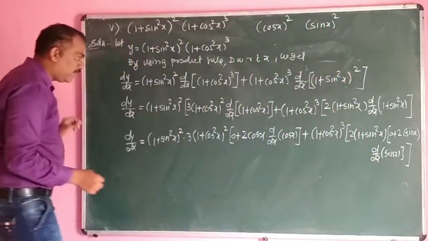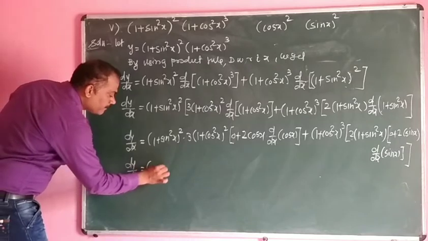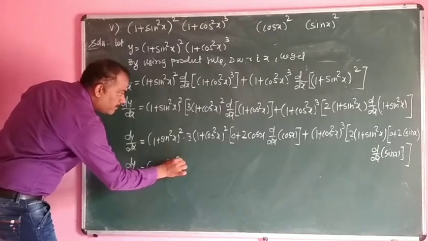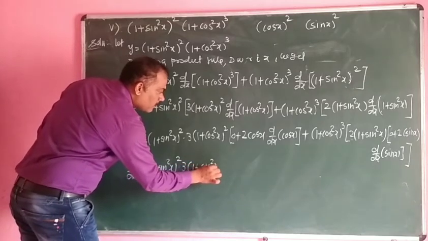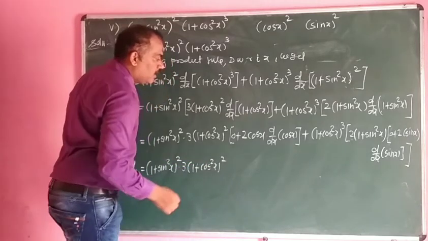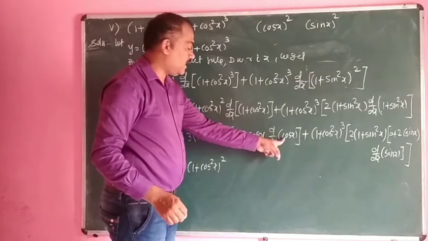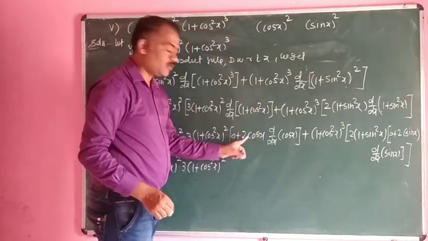Now we have to simplify this. dy/dx is equal to [1 + sin²x]² into 3 times [1 + cos²x]². Now what is the derivative of cos x? Minus sin x, into 2 times cos x.